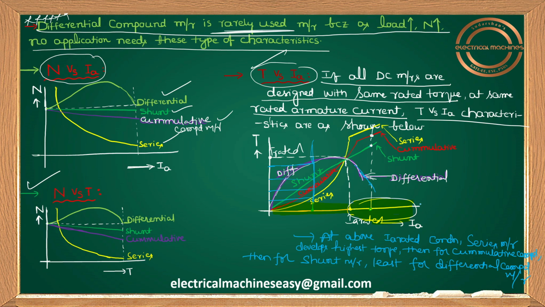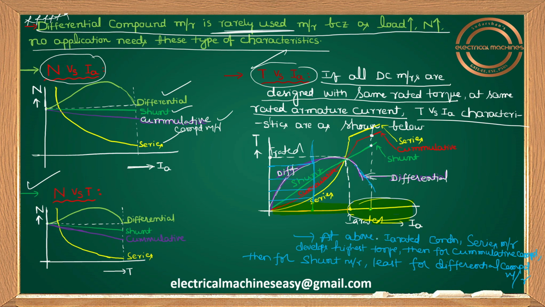At below rated armature current, the answer is differential compound motor, then shunt, then cumulative compound, least for series motor. Previously it is highest for series motor; at below rated armature current, it is least for series. At above rated armature current, least for differential compound motor; at below rated, highest for differential compound motor. Please try to understand.